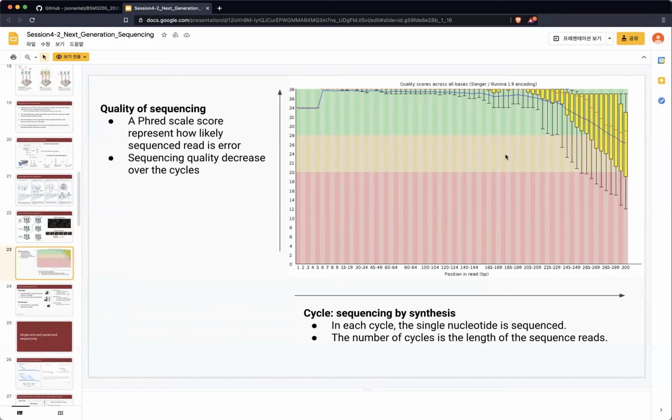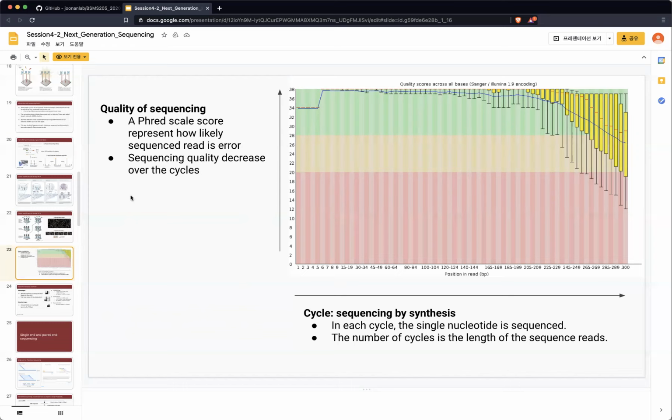And a little TMI, this is not that important, but some students might be curious about why the quality score is not highest on the first few cycles. The reason is that for the first 2 to 5 cycles, we call it the priming stage. What is priming? Priming makes the baseline out of the fluorescent information.